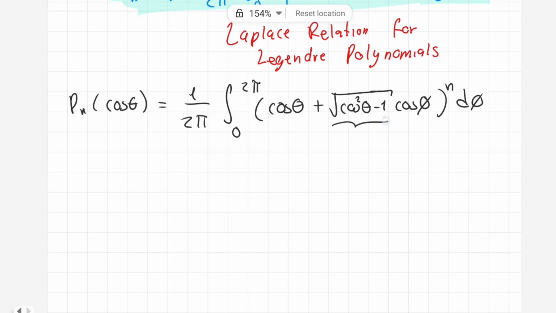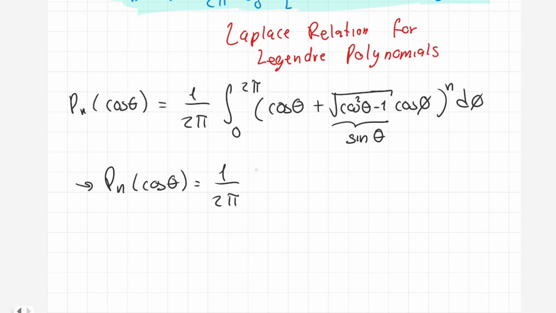So it's easy to see that this is equal to the sine of theta. So we will get that P sub n of cosine of theta is equal to 1 divided by 2 pi, the integral from 0 to 2 pi of cosine of theta plus sine theta cosine of phi to the n power d phi.